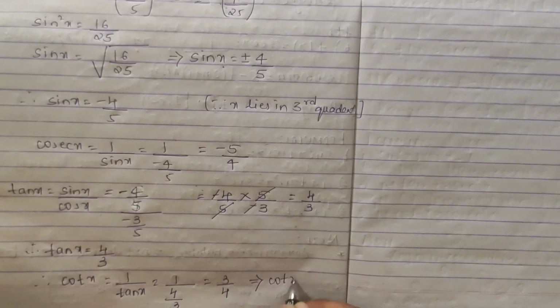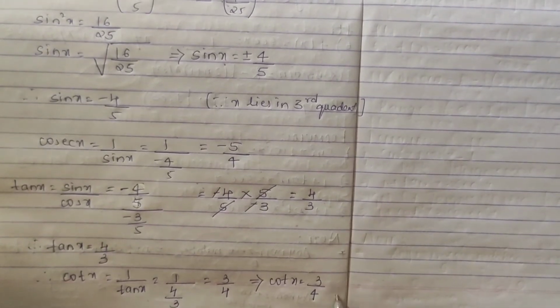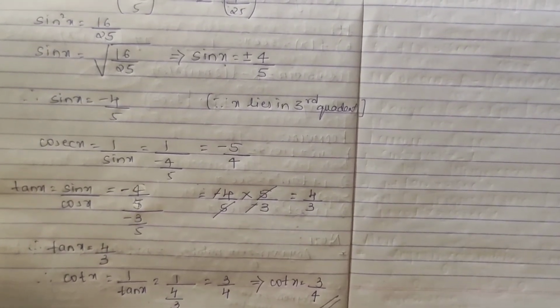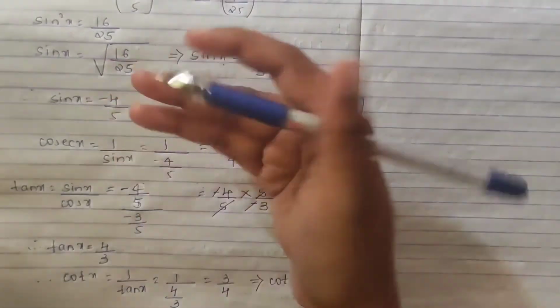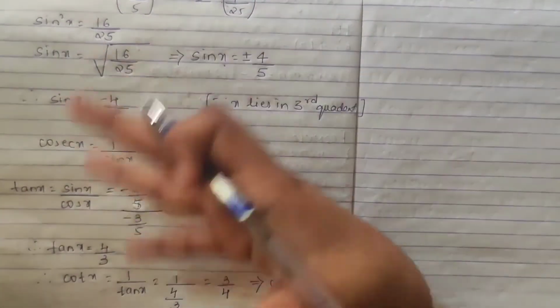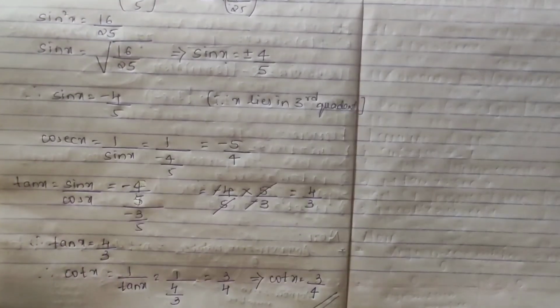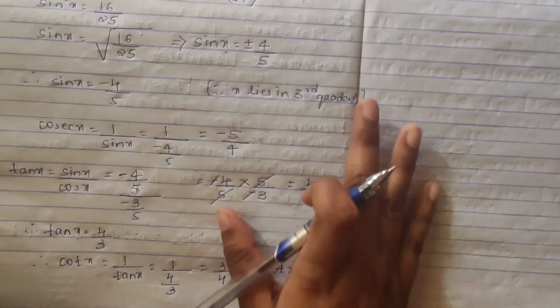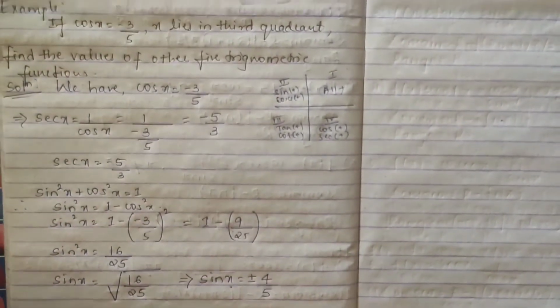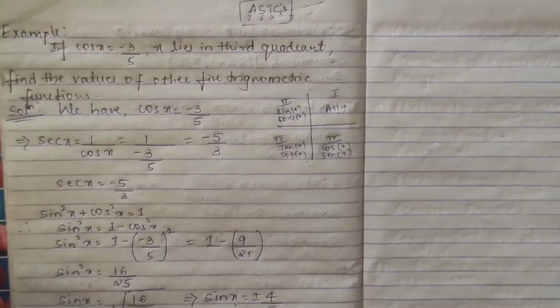Cot x is equal to 3 by 4. In such a way you have to solve your problems. They will give any one angle and tell where x lies. Considering that, you can use these identities and find the other parts. Now we'll see the exercise part. Just pause the video to note everything down from the start.